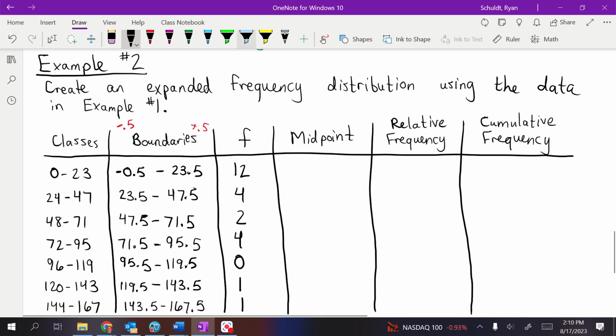And the way you can tell you're doing the boundaries right is once you go through and subtract 0.5 and add 0.5, if these line up, that's a good thing. That's what you want. You want those to line up like that.